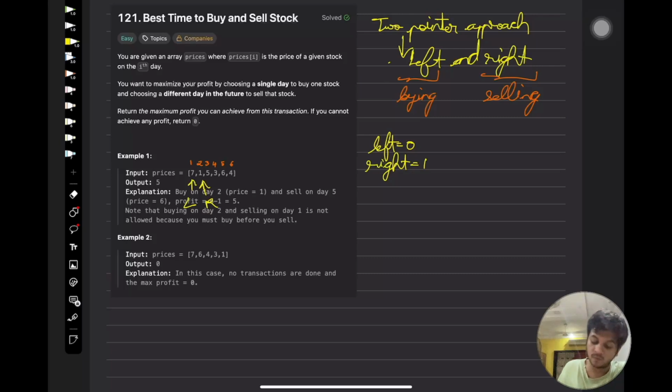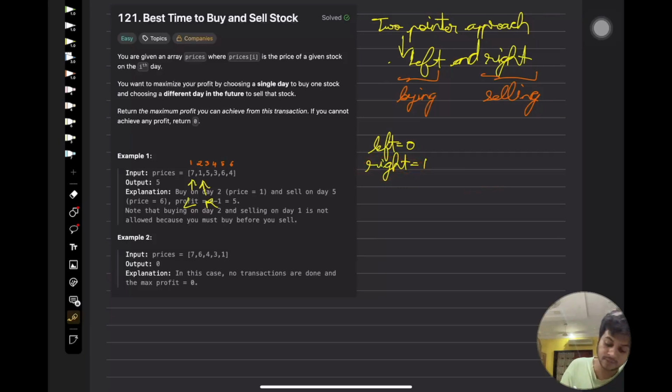So what will happen is that on the first day, I'm saying 7 is purchased, and that is what I have as the purchase. And on the second day, it is sold. So what I'll do is I'll iterate the right one through the entire array.